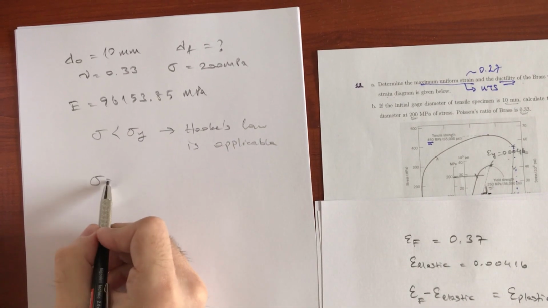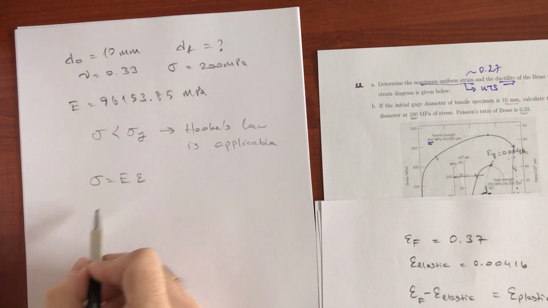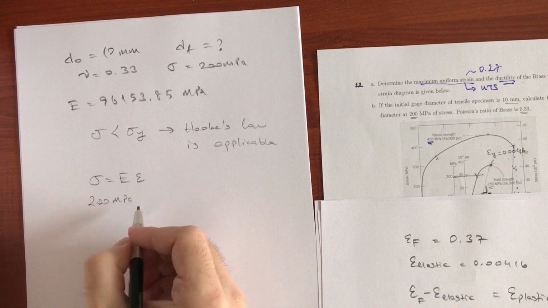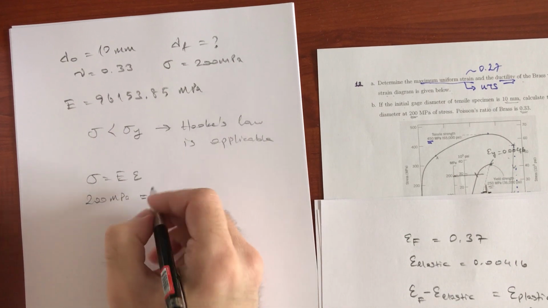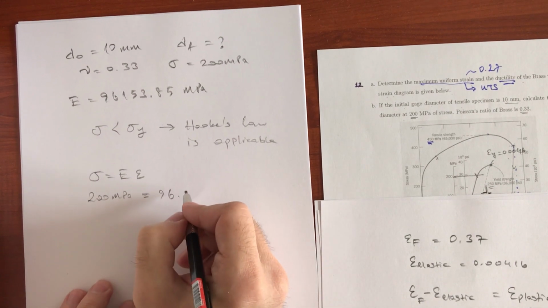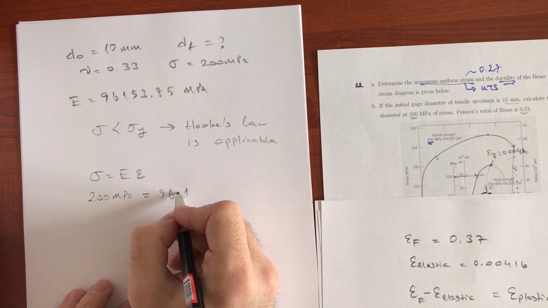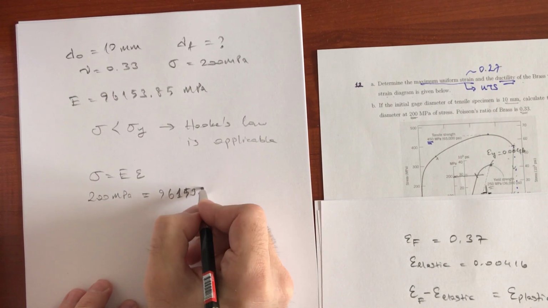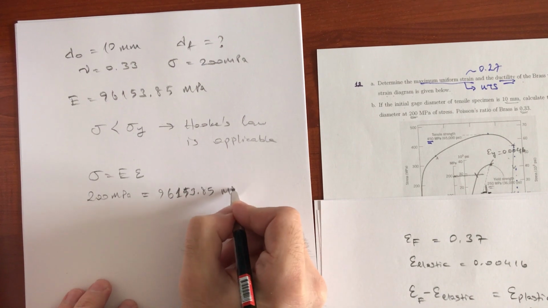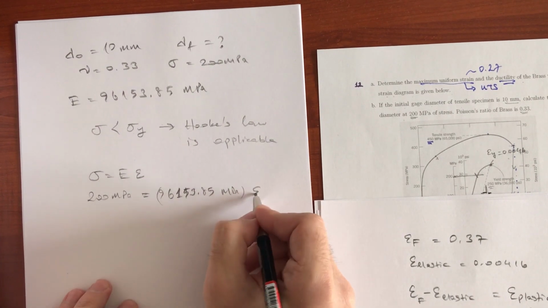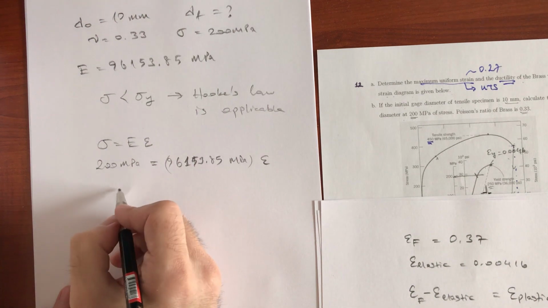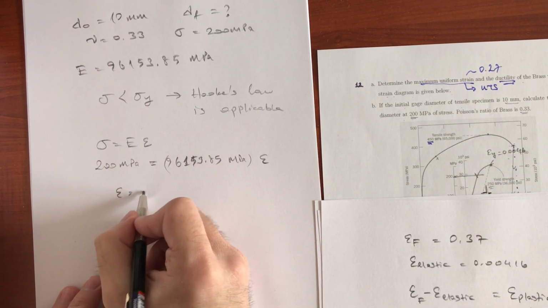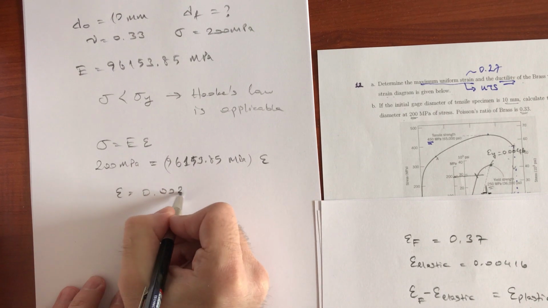Then let's apply Hooke's law. 200 megapascals, and the elastic modulus 96,153.85 megapascals, and we need to calculate the strain. If you divide these values, we get the strain as 0.00208.